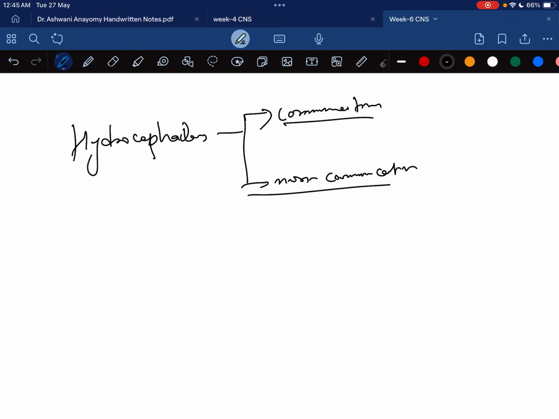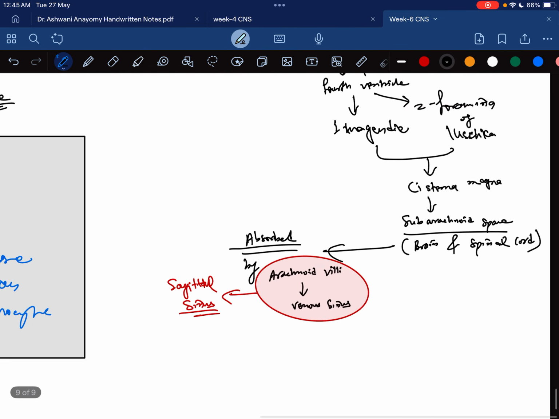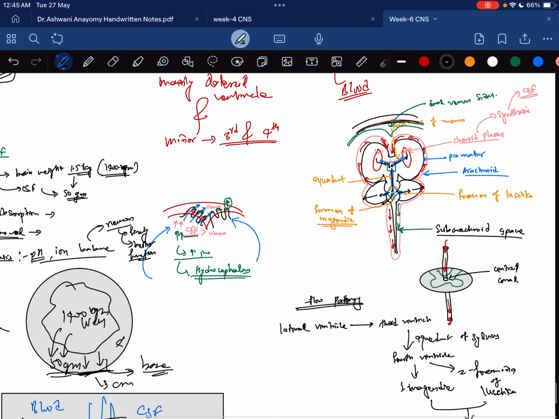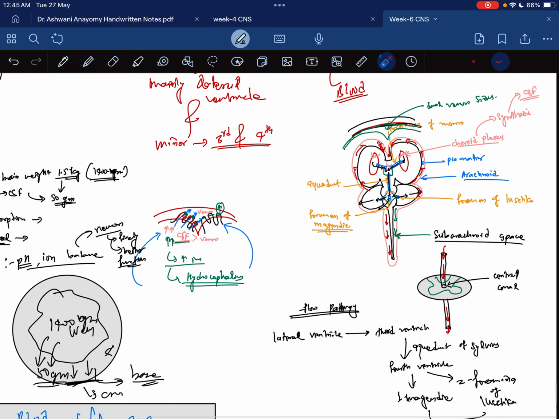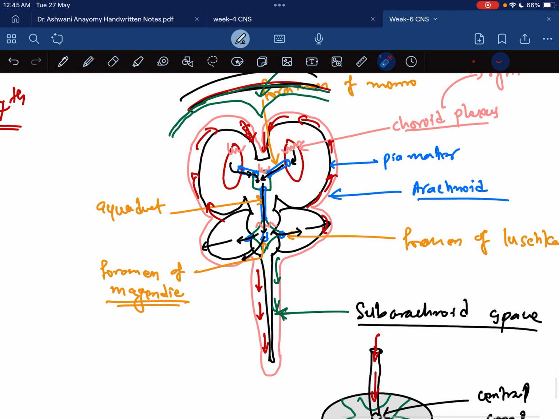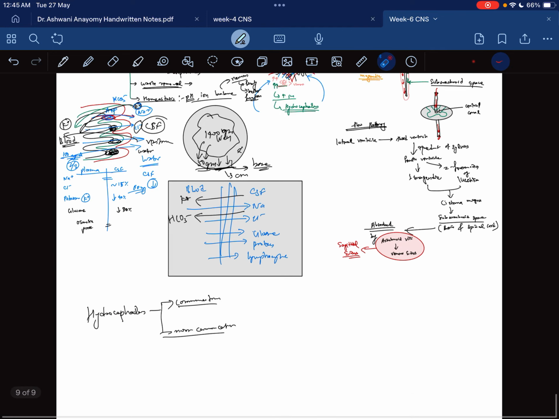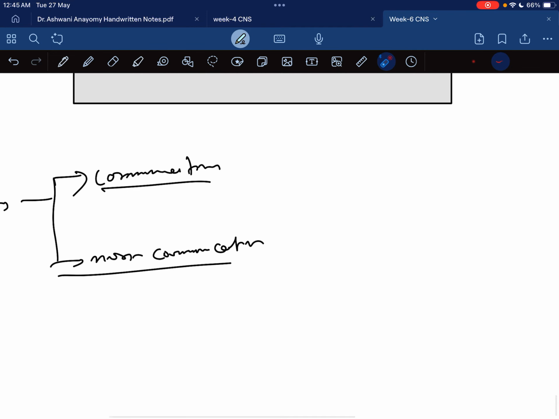Regarding communicating hydrocephalus, there is a blockage in the subarachnoid space or villi, so there is no blockage in the foramen of Monro, the lateral ventricles, the aqueduct, the foramen of Luschka and the foramen of Magendie. That type of cause leads to hydrocephalus known as communicating hydrocephalus.